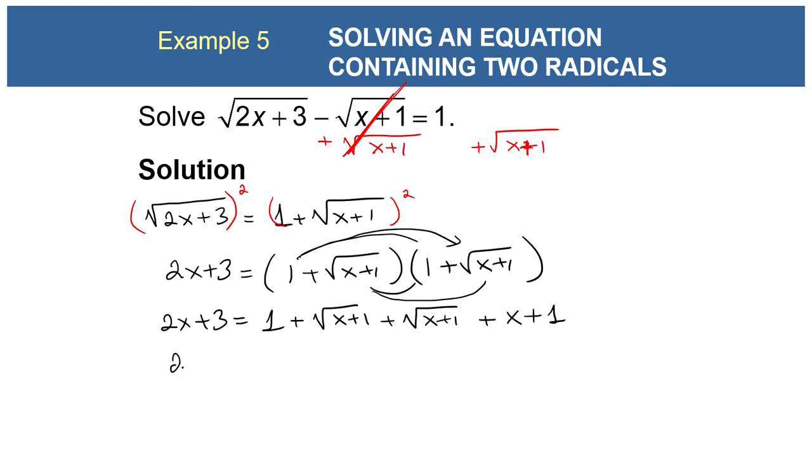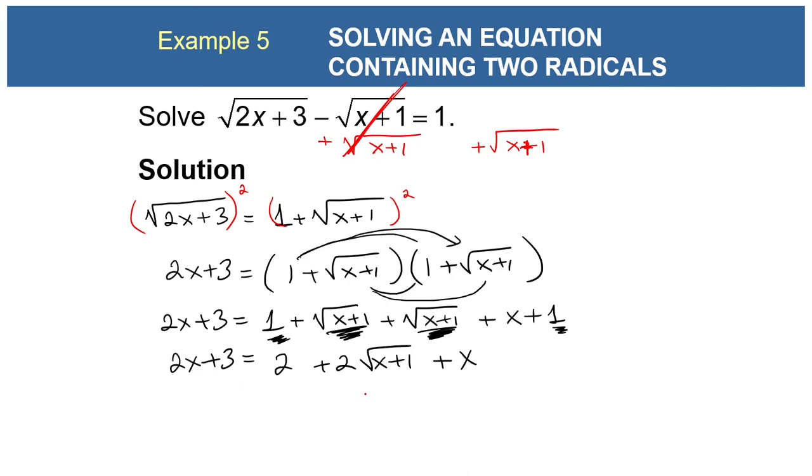So let's collect like terms now. We have 2x plus 3 equals, I have the 1 and the 1 can be added together, that's 2. The square root of x plus 1 and the square root of x plus 1, that's 2 square root of x plus 1. And then we have an x here we'll bring down.